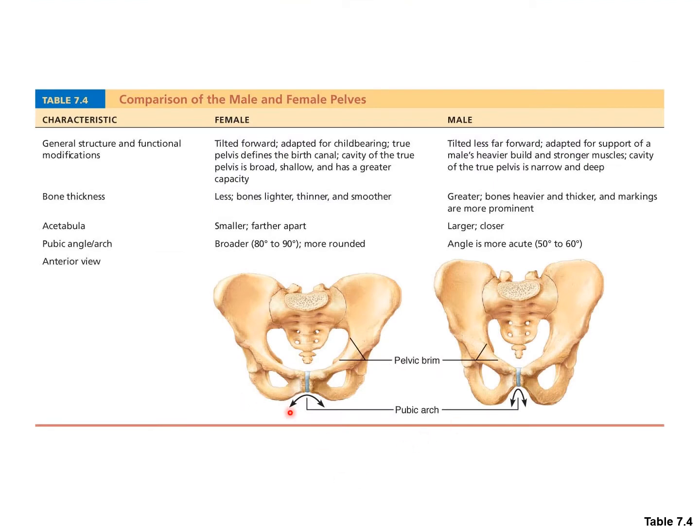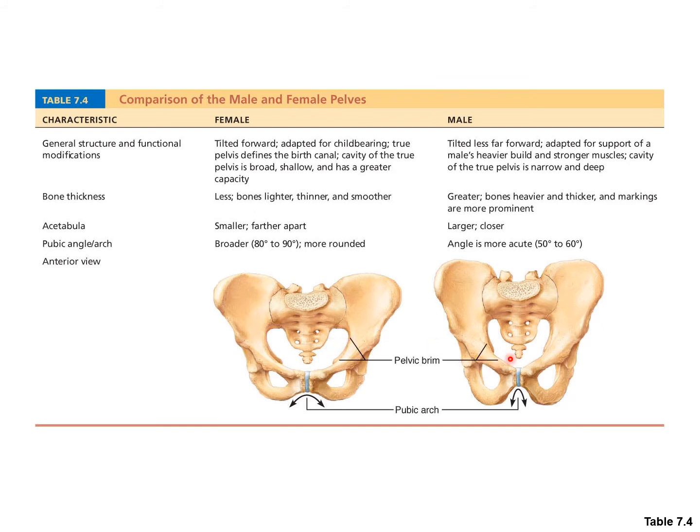Here on this diagram, you can see the pelvic arch, right? And this is 90 degrees or even a little bit more, but this is 50, 60 degrees, so that's a male pelvis. Now you can see the difference in the sacrum over here. The sacrum is longer, right?